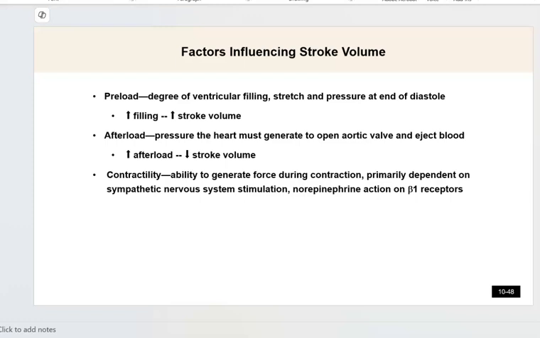So now we're talking about the pressure that the heart must generate to open the aortic valve and get the blood out. So how hard does my heart have to work to get that blood to come out? And now this means that an increase in afterload is going to decrease the amount of volume I can actually get out.